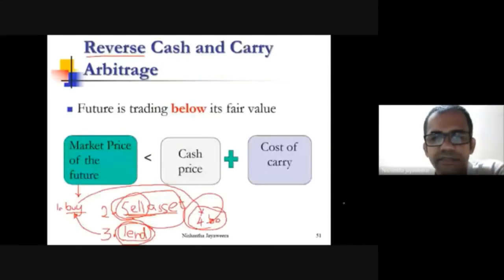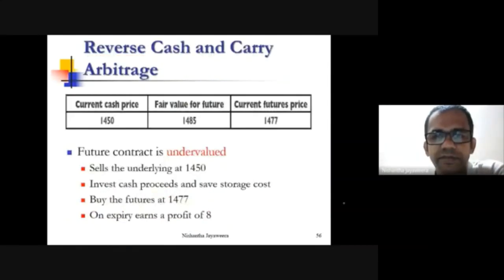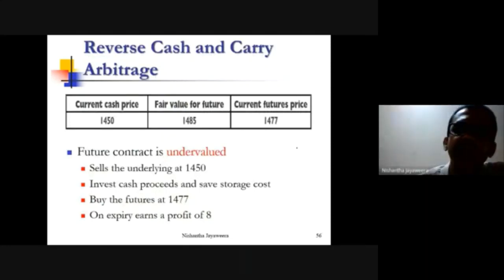So at the end, there's almost the same example for a reverse cash and carry arbitrage, where fair value is higher than the market price. So then what do you do?